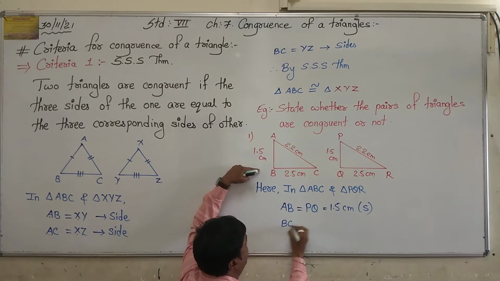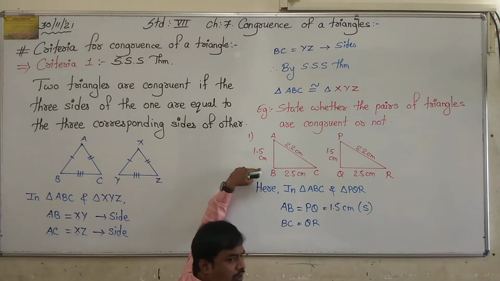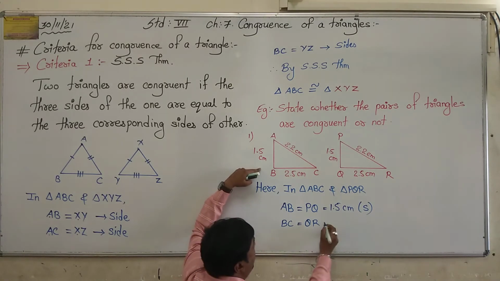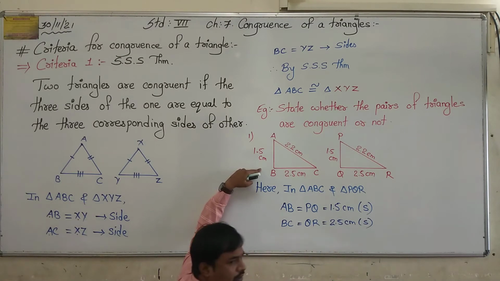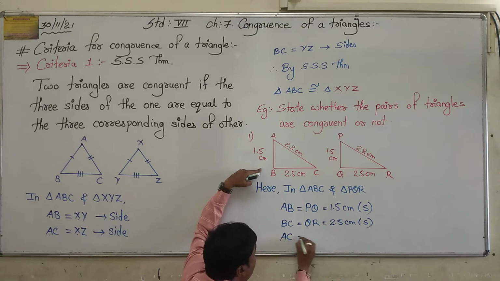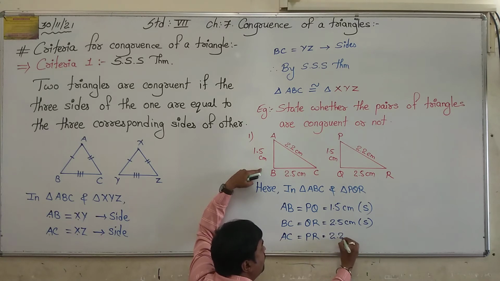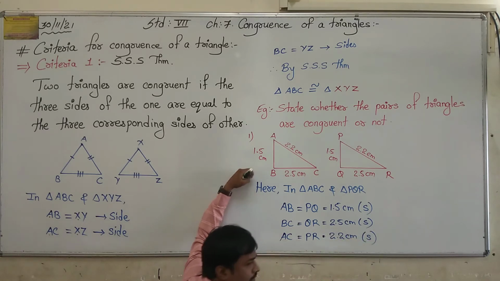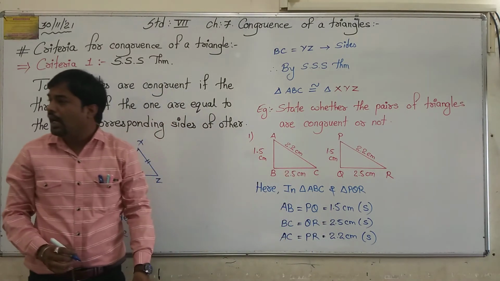So BC of the first triangle is the same as QR of the other triangle, and that is equal to 2.5 centimeter. What is this? Similarly, AC of the first is the same as PR of the other, and that is equal to 2.2. What is this? So you can say that all the corresponding sides are equal.